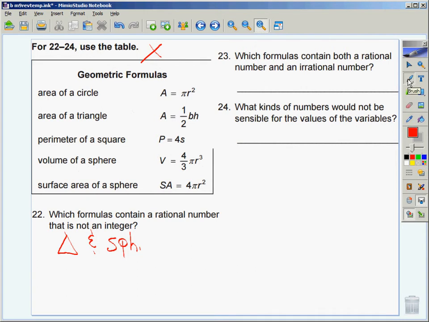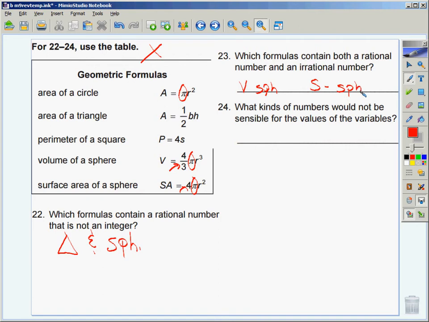Which of the formulas contain both a rational number and an irrational number? Well, pi is irrational, but they also want a rational number with it. So the two that contain a rational number with it are the ones that have the 4/3 and the 4. So the volume of a sphere and the surface area of the sphere.